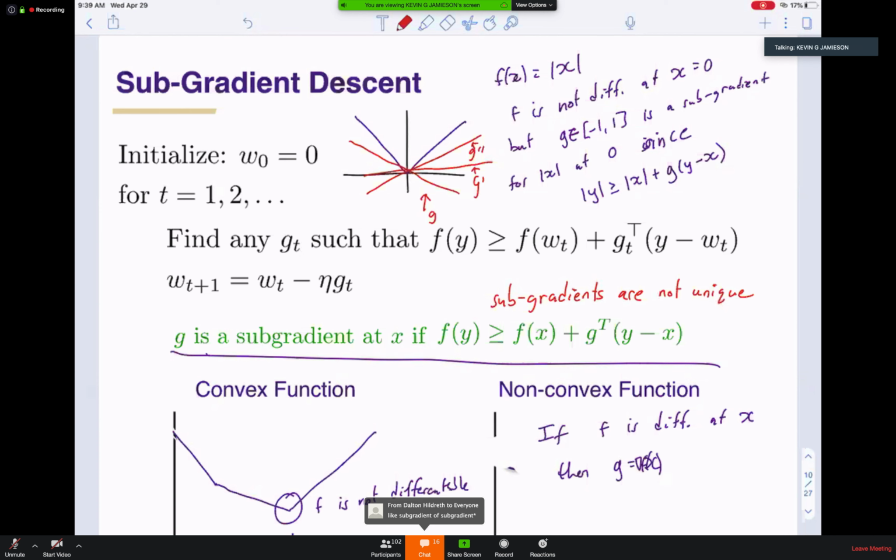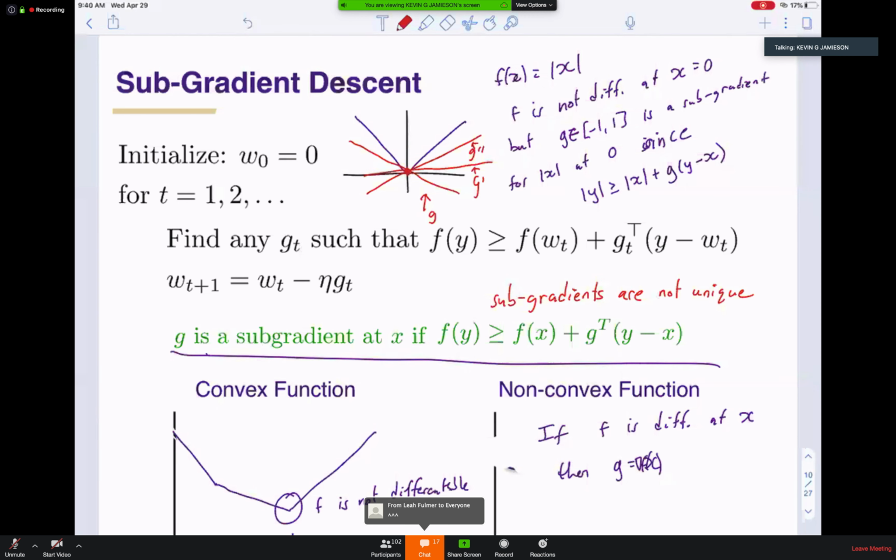Meaning at a point x, you may have multiple subgradients. There's not necessarily just one. If the function is differentiable, then it is unique at x, and it's just equal to the gradient of f. But at x equals 0 here, multiple g's can play the role of the subgradient, and it's not unique.